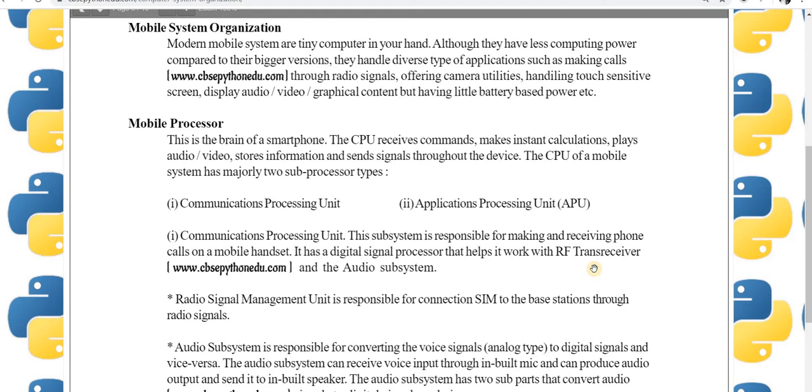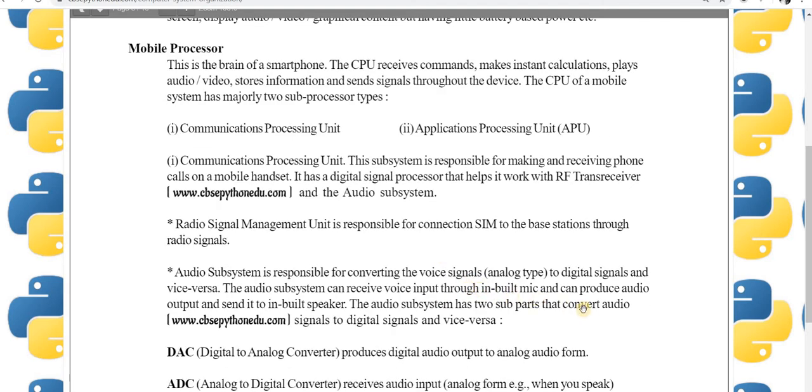The first one is the RF transceiver, which receives and sends the signal of your mobile phone to the tower of our communication line, whatever the company is, and the audio subsystem that catches your voice and sends that to the receiver. Okay, the radio signal management unit is responsible for connecting the SIM to the base station through radio signals. And the audio subsystem is responsible for converting voice signals to digital signals, as I said, and vice versa.